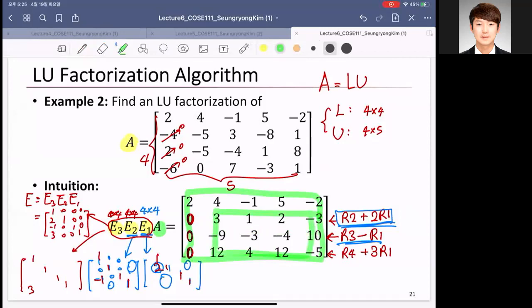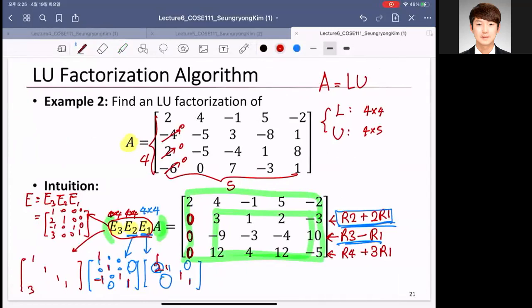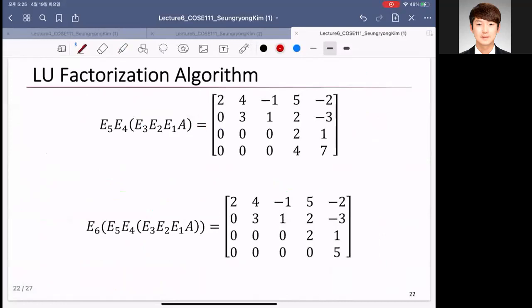Then let's do that. Okay. Then for this new matrix, we have to multiply further elementary matrices. Right? Then let's do that. First of all, how can you make this term and this term 0? Then my new R3 is the previous R3 plus 3 R2, or R4 minus 4 R2, right?